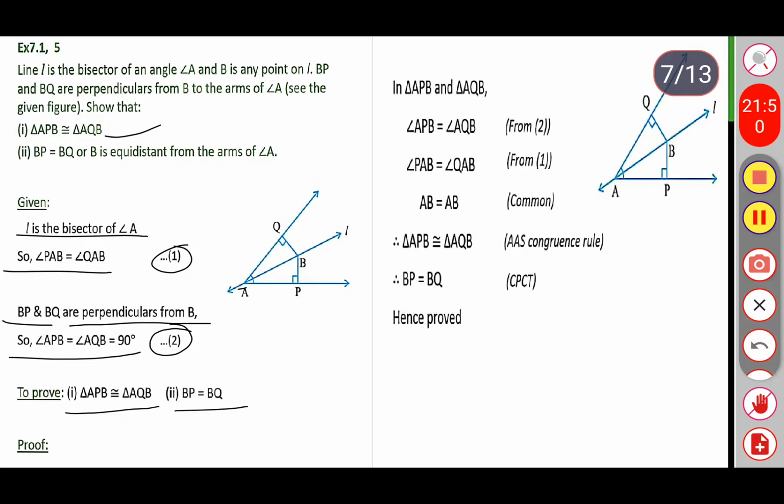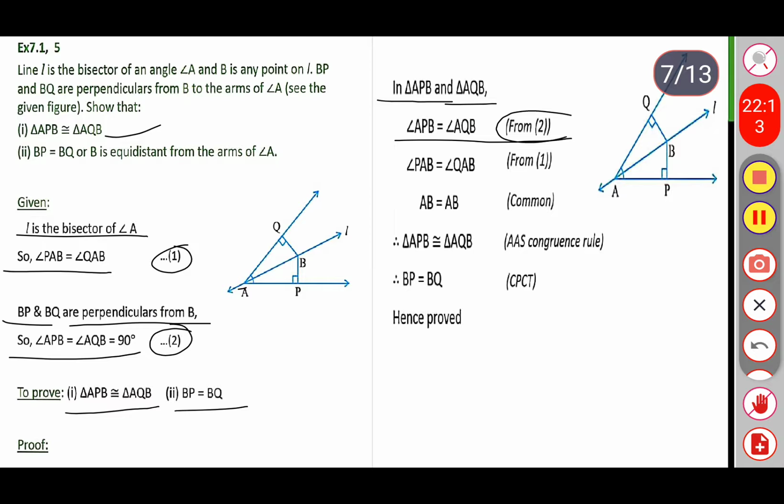Consider the two triangles APB and AQB. In the two triangles, we already considered two equations here. Angle APB is equal to angle AQB, right? How are they equal? Because those two angles are 90 degrees each.